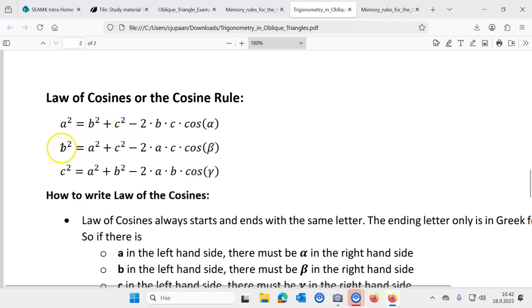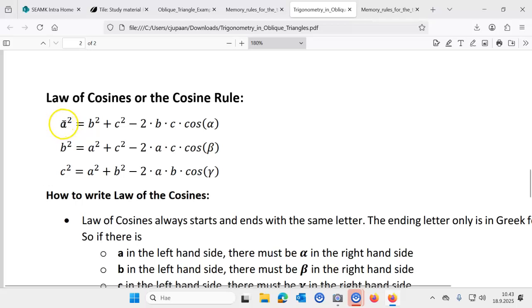And if we get B squared on the left-hand side, there will be A squared and C squared on the right-hand side, and of course C squared, A squared, B squared also. And the cosine rule always starts and ends with the same letter.